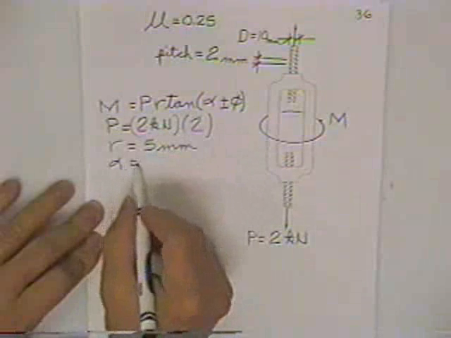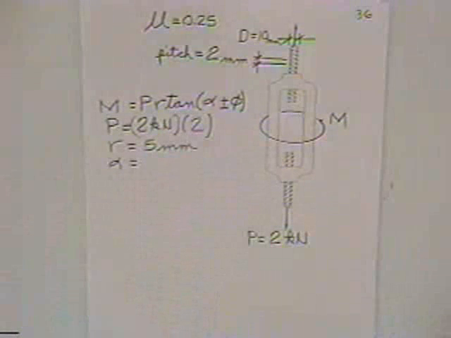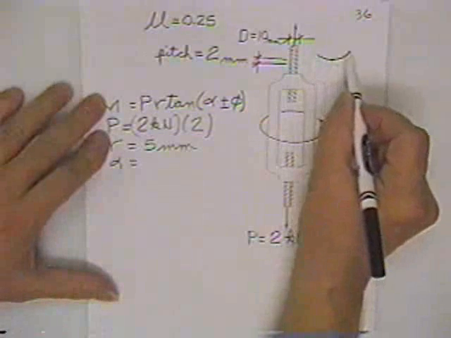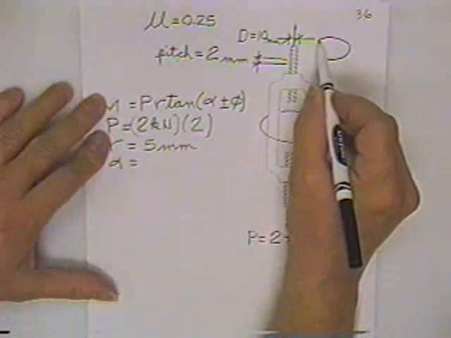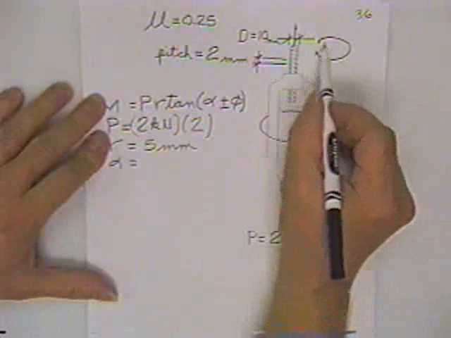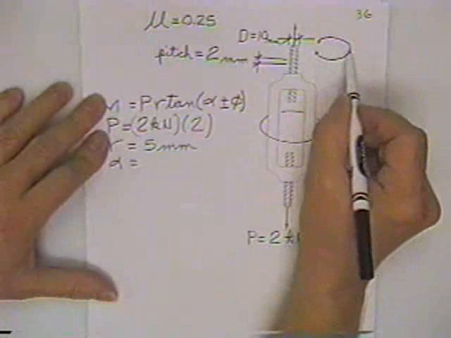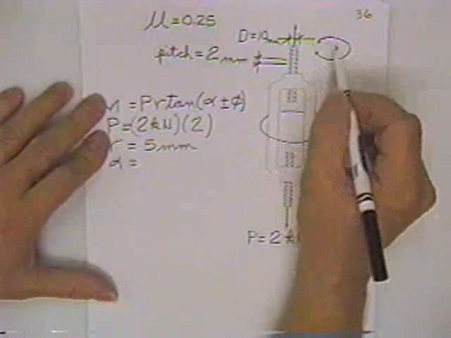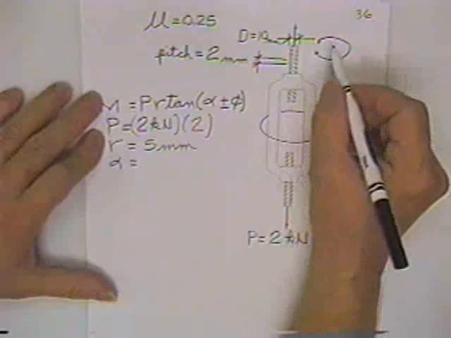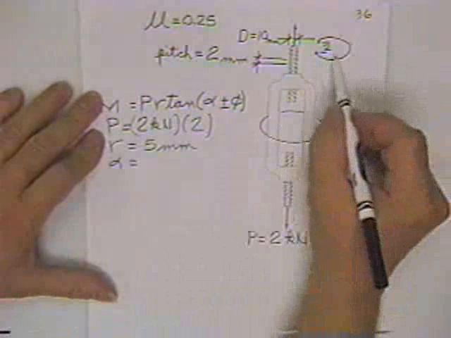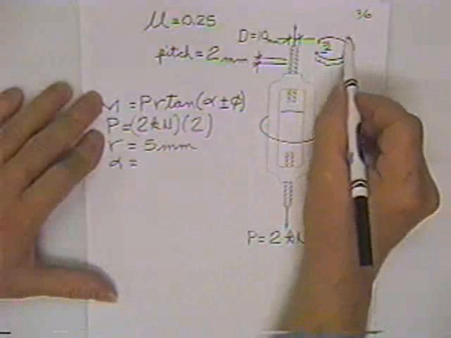The angle alpha is defined in the book on page 20 as the pitch angle of the thread. Now the pitch angle of the thread, these things go around and they go up in the air like that, and how much they go up versus how far they had to go to do it is what they call the pitch angle. So in this case, this dimension is 2 millimeters, and it went around the thread.